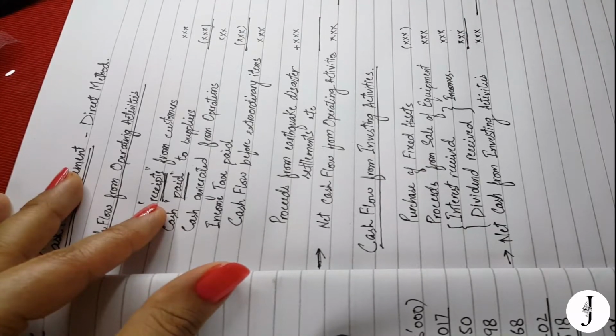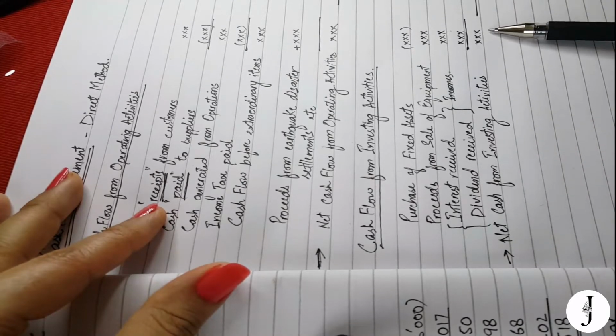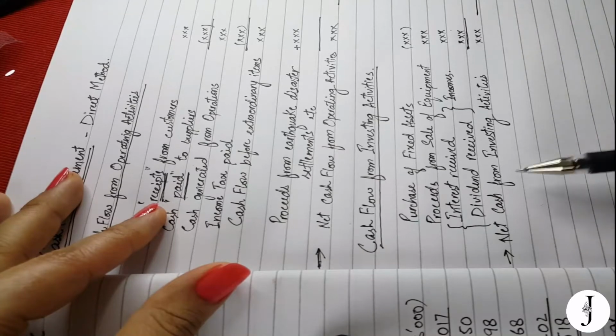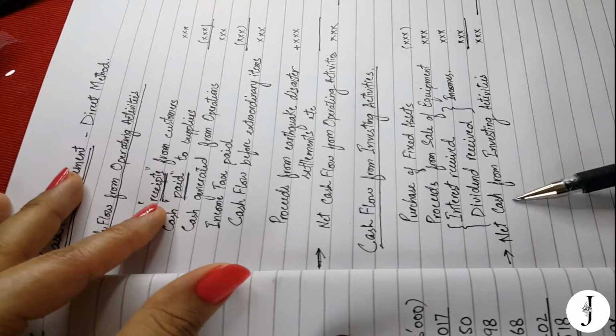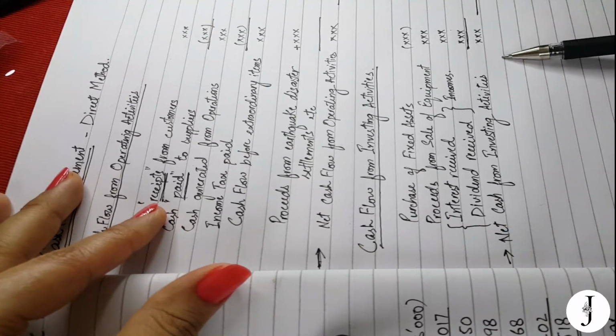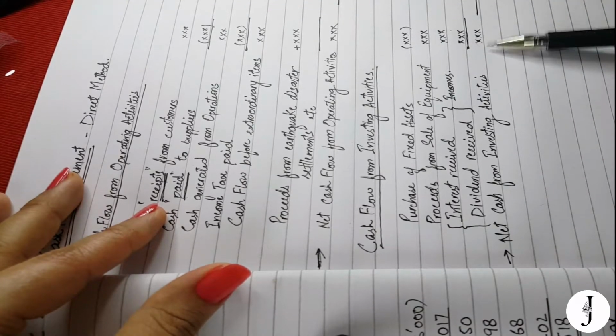It means there is a cash outflow. That we usually write as cash used. If it's negative, in brackets, we will say cash used in investing activities. Here we will say cash generated from investing activities because it's a positive figure and it's a cash inflow.